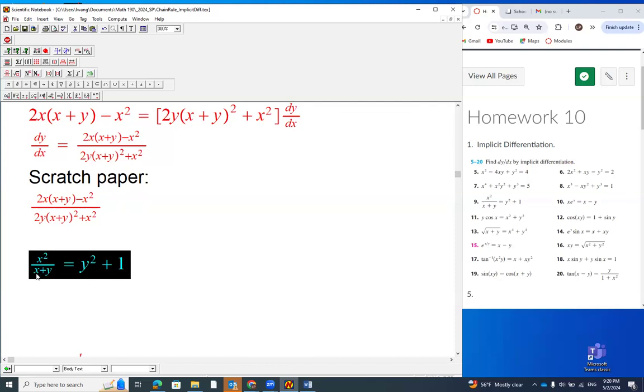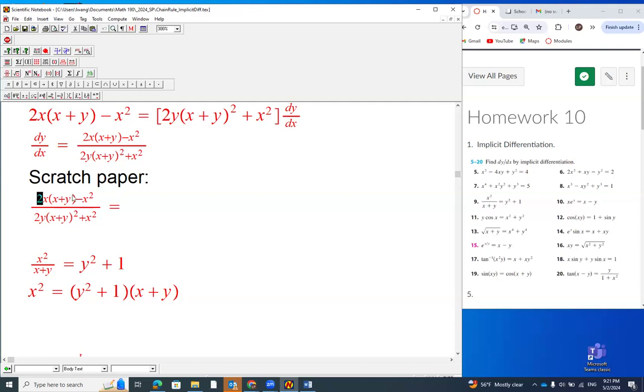Obviously, x squared is equal to, if I multiply both sides by x plus y, right? So x squared is equal to y squared plus 1, multiply x plus y. Right? Does that produce anything? Well, just try it.